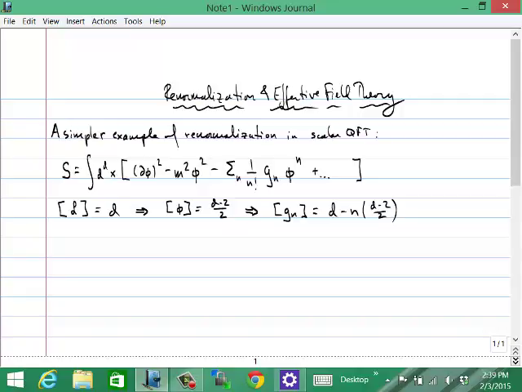And last time we saw that in the context of quantum electrodynamics, theories where the coupling constant had positive mass dimension were very different from theories where the coupling constant had negative mass dimension. In particular, theories where the coupling constant, in the case of electromagnetism the electric charge, had positive mass dimension were renormalizable, and those where the coupling constant had negative mass dimension were non-renormalizable.